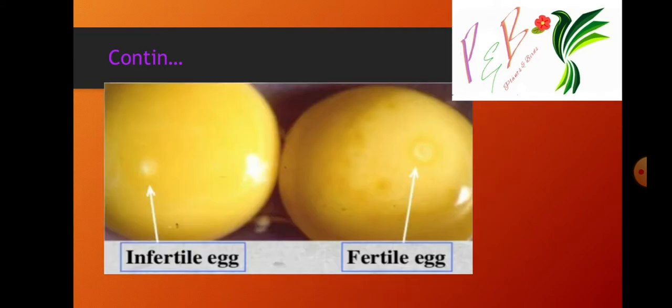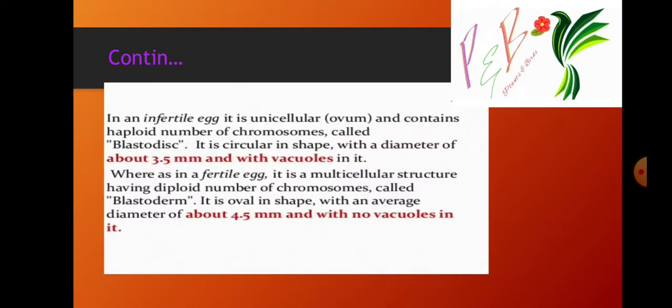And next, we can differentiate infertile and fertile eggs easily. See, this is the diagram you will learn from. An infertile egg is a unicellular ovum.